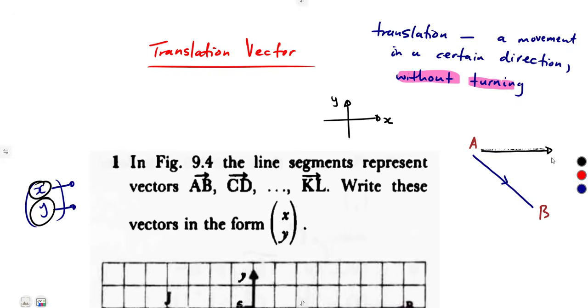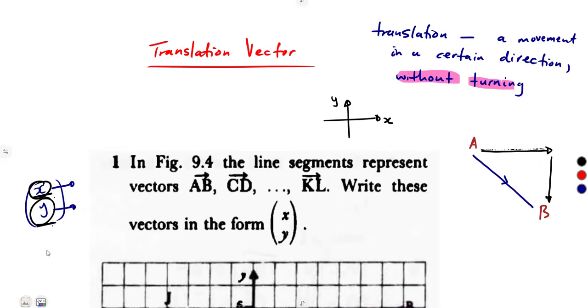Then after, we are going vertically to the point B. At that point, you're going to move downwards. You are representing the translation vector AB. So the movement can be in the X and in the Y.